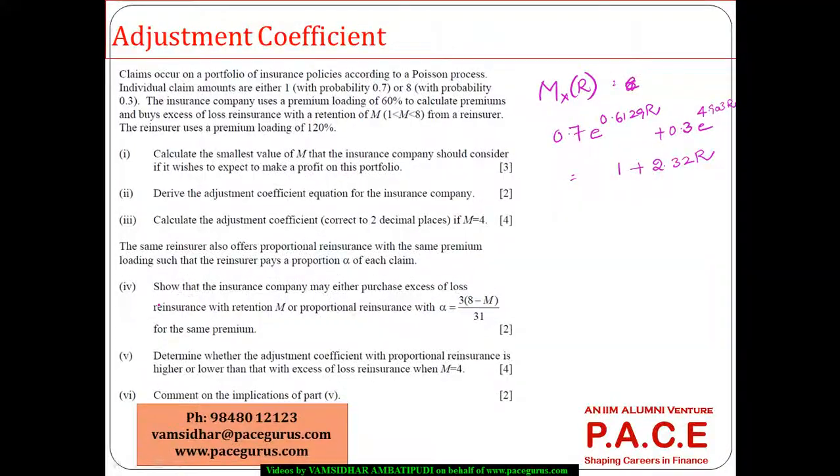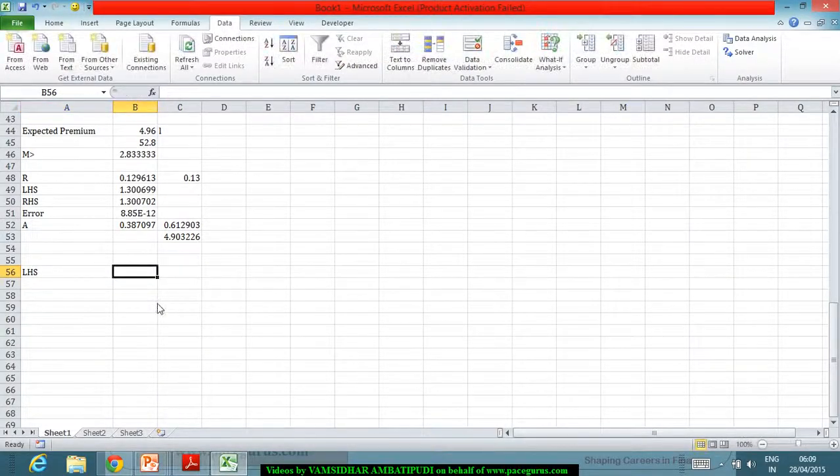So here if I go with the left hand side, it is 0.7 times. Now I have to identify a new R. Let me take 0.1 itself because I want to compare.